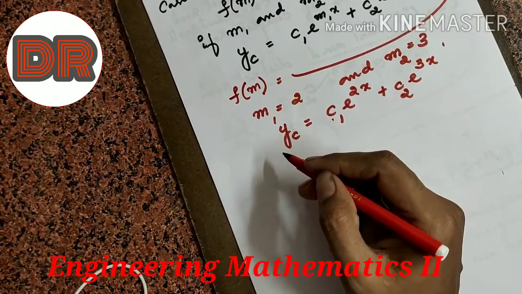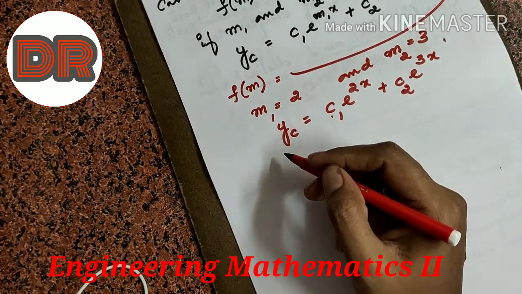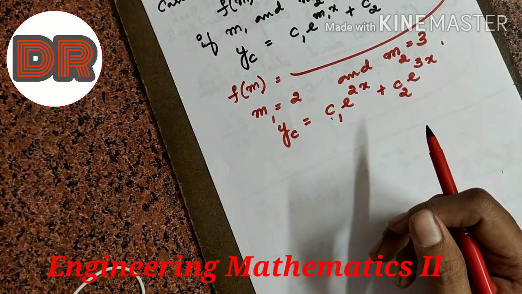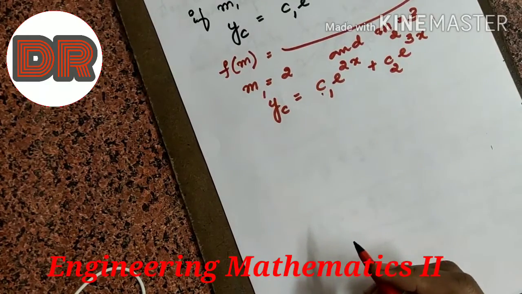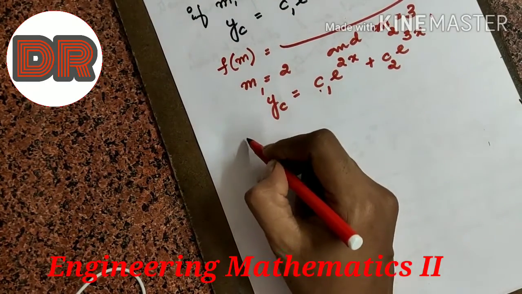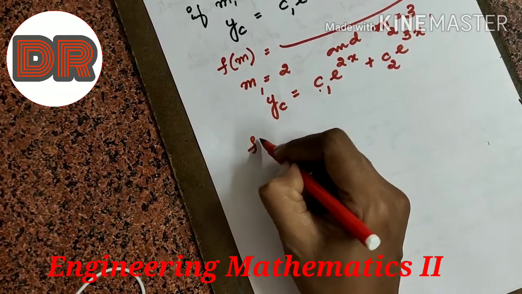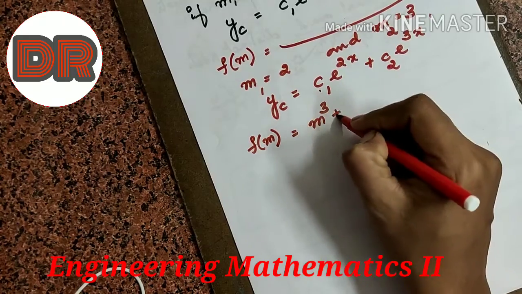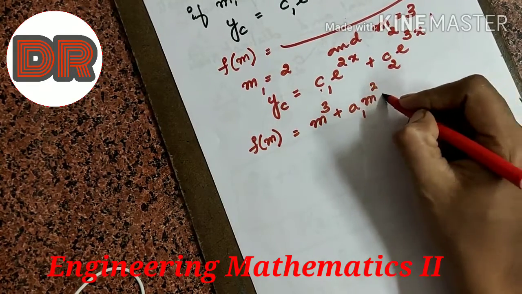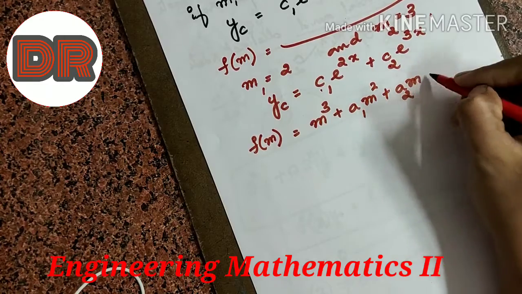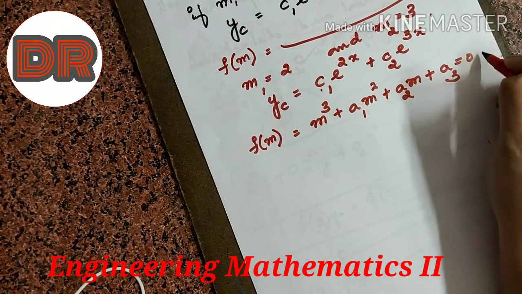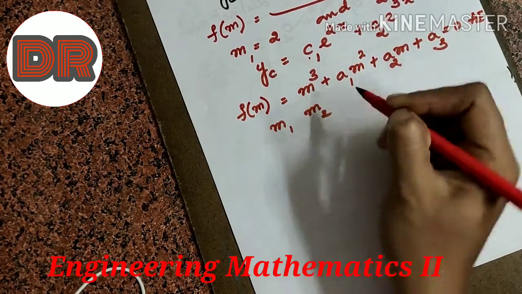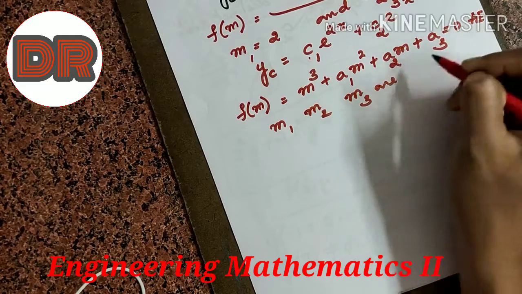Now suppose we have a third order differential equation whose auxiliary equation has real and distinct roots, then the same method can be applied. If the auxiliary equation is m cubed plus a1 m squared plus a2 m plus a3 is equal to 0, then m1, m2 and m3 are the 3 roots.